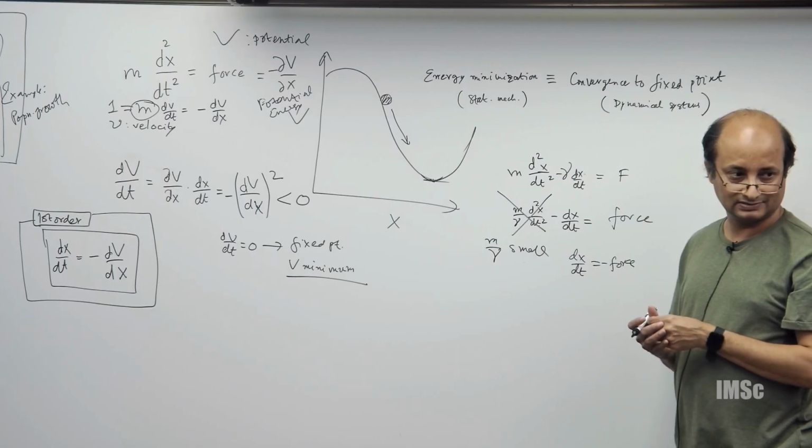It should be plus gamma dx. The force is going absolutely. Oh yeah, you got it right. Oh, you're saying that I should put this here. So you're saying force and then minus gamma dx.